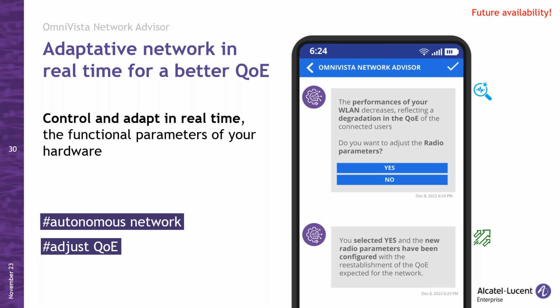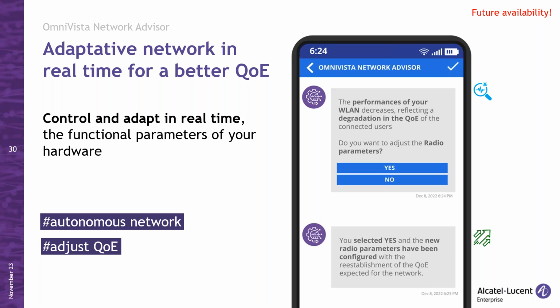So this can be a case in a hotel when lots of people come to the lobby at the same time and they start to connect to the access points. Here, Network Advisor can give some recommendation, changing the parameters of the radio in the access point, and normally there are 3 that we can change, and this will in real time solve that situation.